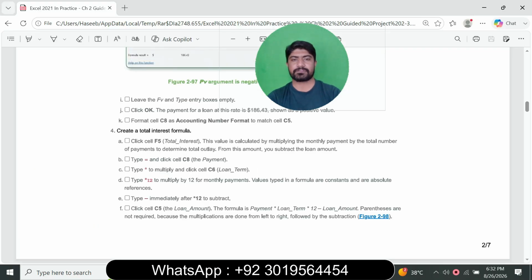So click cell F5. The value is calculated by multiplying the monthly payment by the total number of payments to determine the total outlay. From this amount you subtract the loan amount.